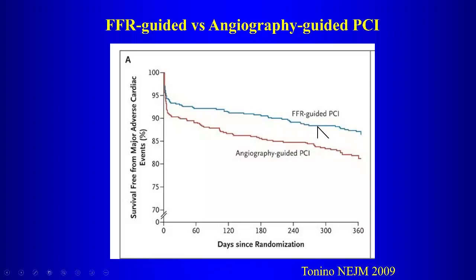Where they did interventions on those lesions that demonstrated decreased perfusion using measurements of fractional flow reserve, that improved the outcome of those patients. So you want to use your interventions on those lesions that are really physiologically significant, and fractional flow reserve is a way of identifying those lesions.